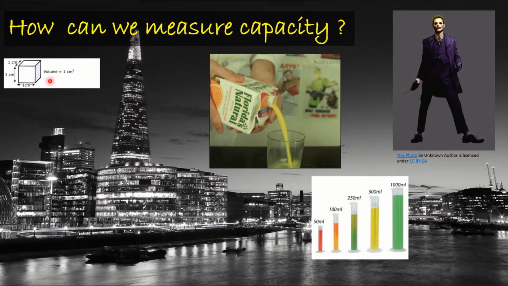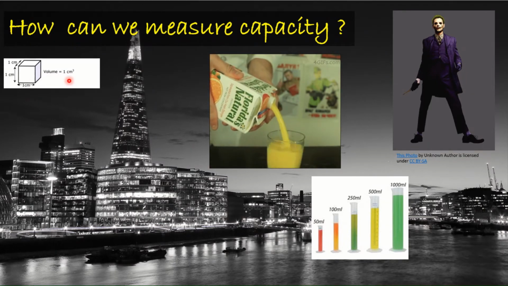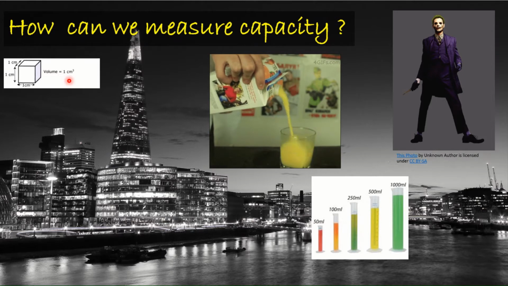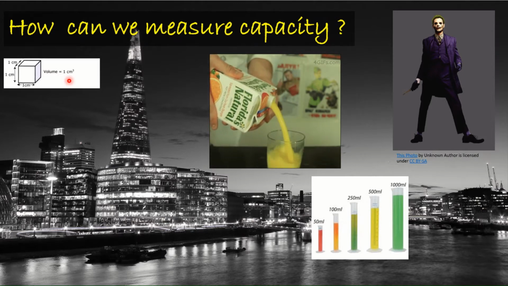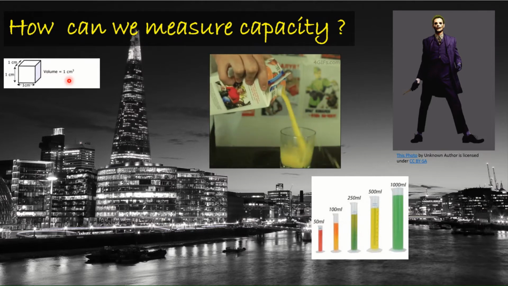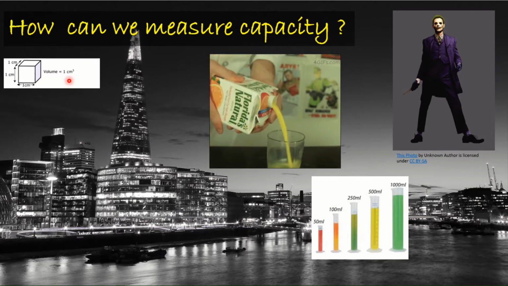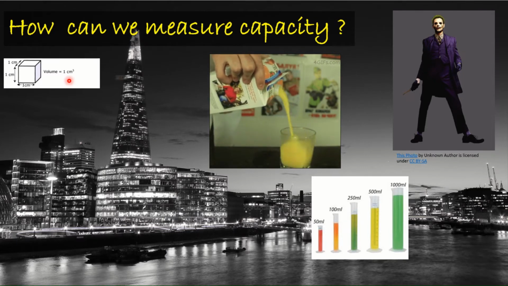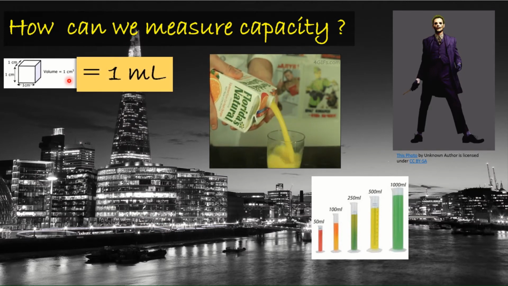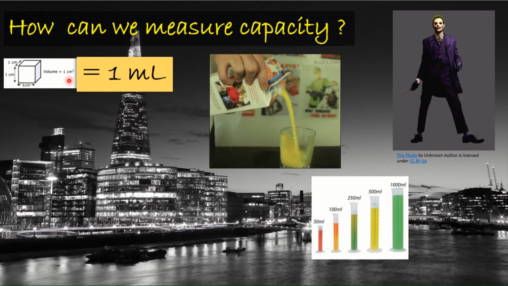So its volume is 1 centimeter cube. Which unit are you using in everyday life, liter or milliliter? So 1 centimeter cube is equal to how much liquid? Yes, your guess is correct. It is equal to 1 milliliter.